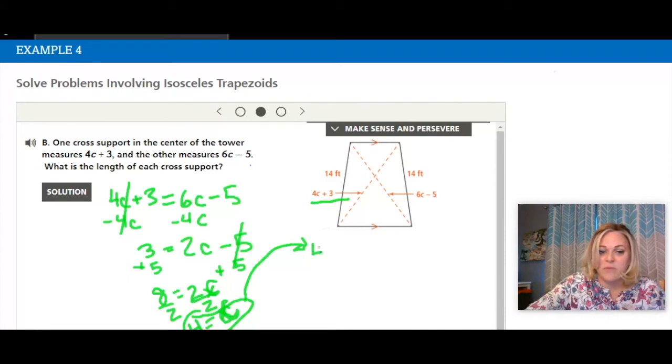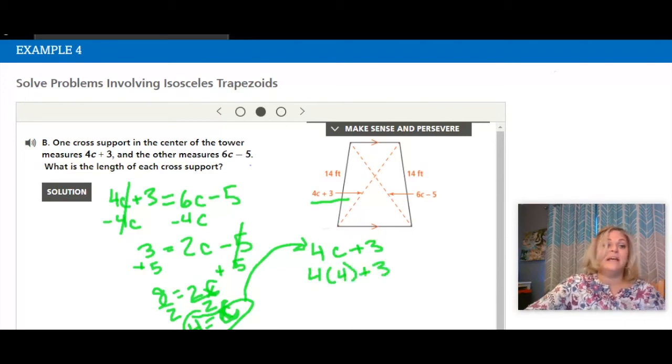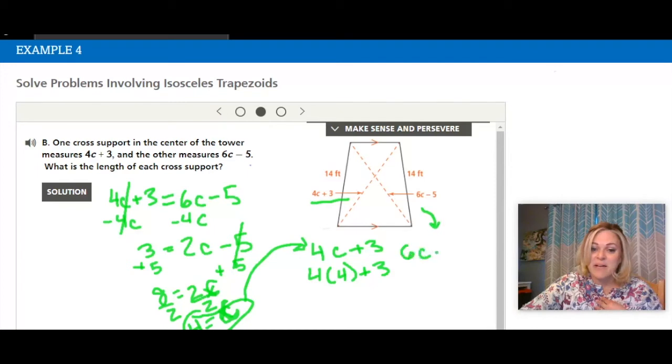So I'm going to say 4c plus 3, take that 4 and calculate to figure out what the length is. If this was a test or a quiz, I would also plug it back into the 6c minus 5, plug in that 4, and see if you get the same answer, because if you don't, you know you did something wrong. These two should be the same value once you solve for them.